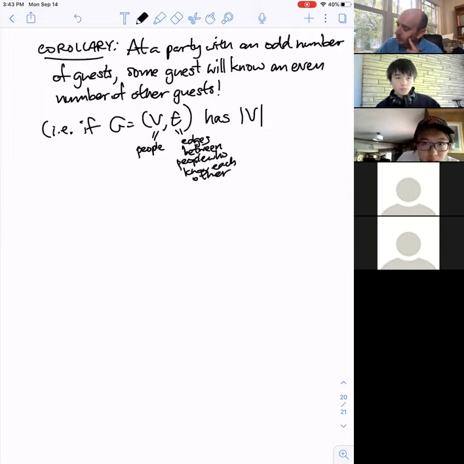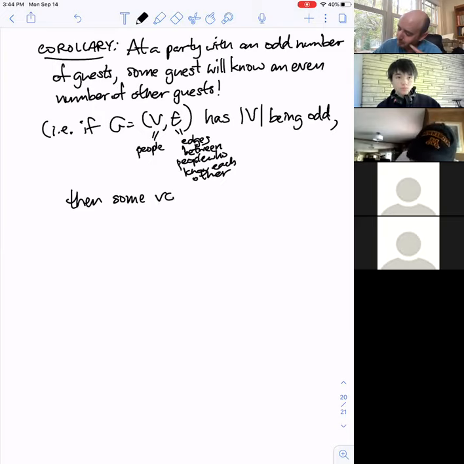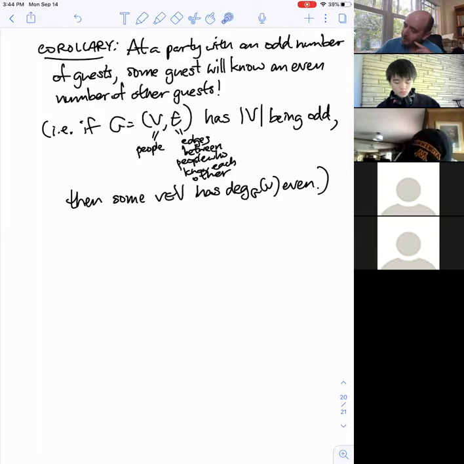And so, let's make this grammatical: if the cardinality of V is odd, then some vertex has even degree. That's the graphy way of saying it.